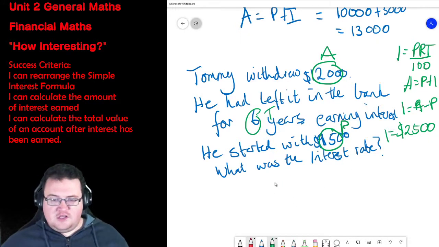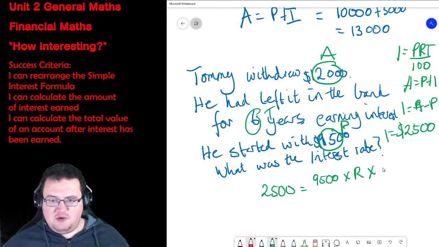So let's fill in our formula with what we know. 2,500 is equal to the principal of 9,500 times R, which we don't know, times T, which is 6, divided by 100.